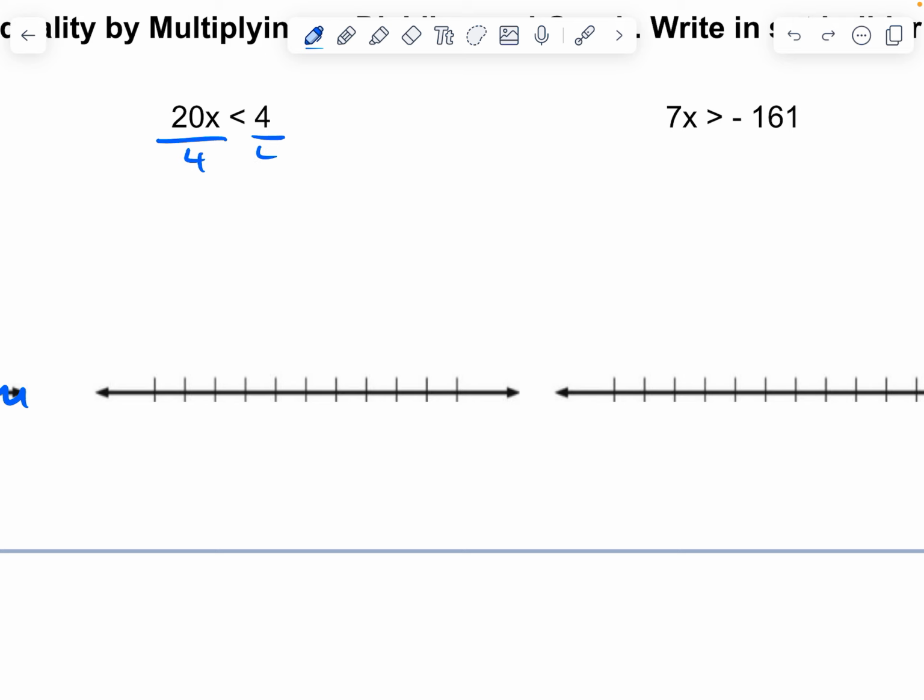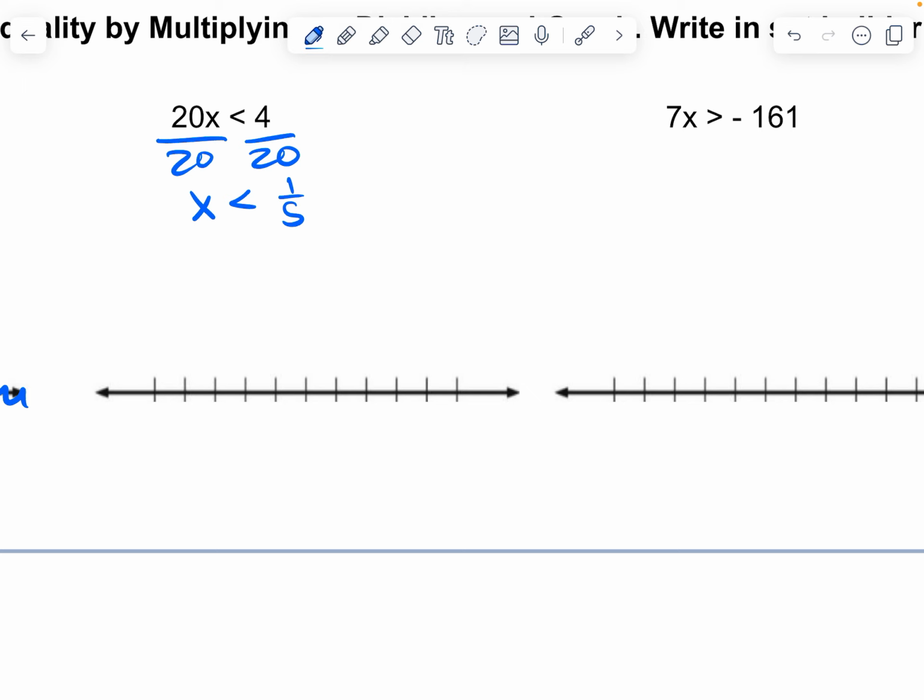Okay, over here, I divide by 4 on both sides. No, I do not. I divide both sides by 20. And I get 1/5. So if I did 0 here, 1/5, 2/5. Oh, how about I do this?